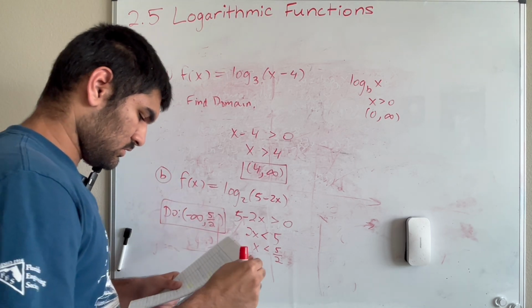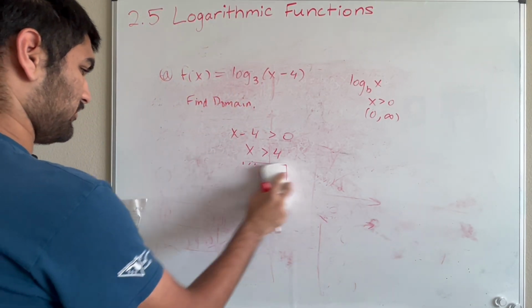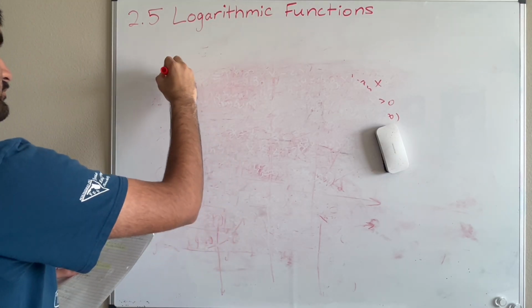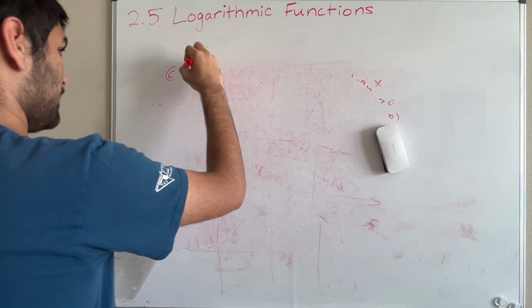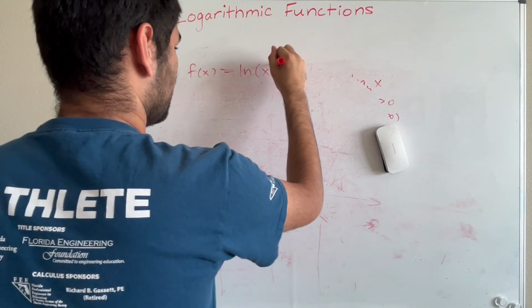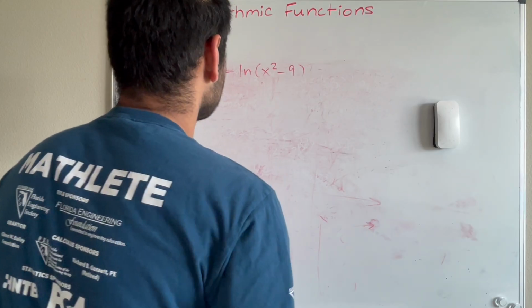Alright. Now let's do some slightly more complicated ones. So suppose, part C, we had f of x is equal to natural log of x squared minus 9. Okay?